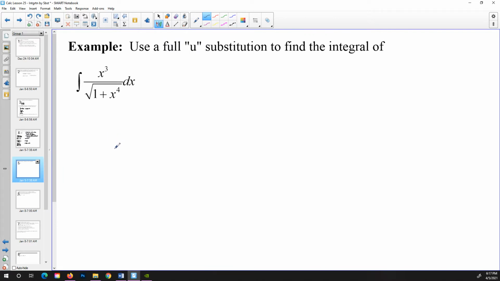And again, I see a square root function, and I see this 1 plus x to the 4th. It seems to be the more complex portion of a composition.